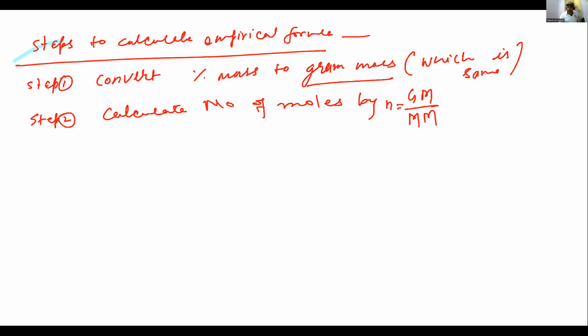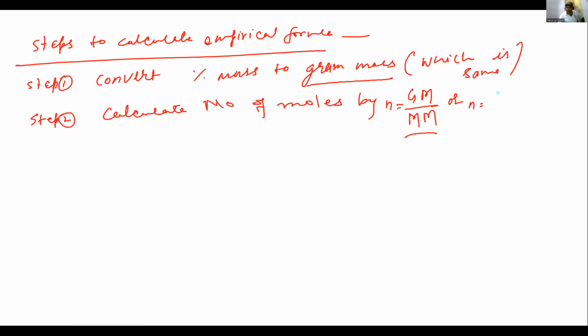So given mass is the gram mass, and molecular mass you can calculate. Here you need to use atomic mass, and atomic mass will be in the denominator.